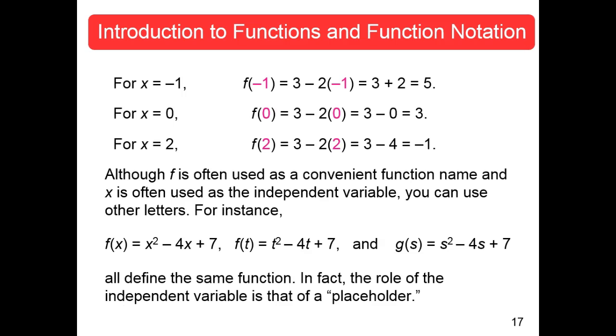Okay? In fact, even though you think x is the independent variable, the one that stands alone, actually it's just a dummy. It's a placeholder. Because the important thing is, what is the output? You could put a stickman in here. f of stickman would be stickman squared plus 4 stickman plus 7. You can do anything you want to.